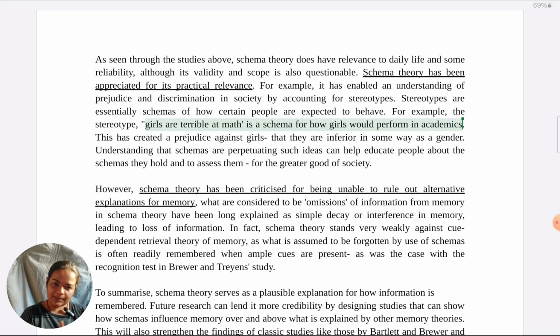So again, there's contextualization, a concrete example is given, and there's explicit linking to schema theory. The issue which has been taken, application or practical relevance, a very aligned point is given with that. Like I said, not generally about the theory, explicitly where intervention can be done has been mentioned. So this paragraph is worth the merit.